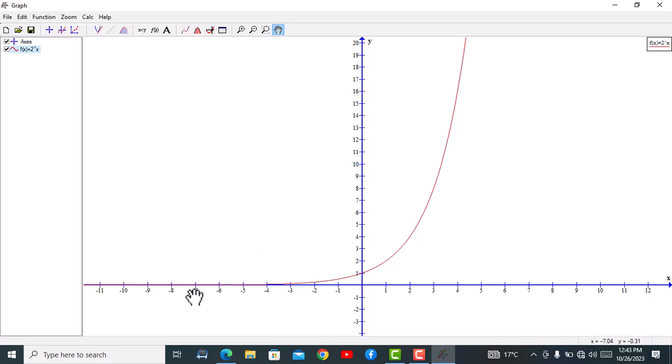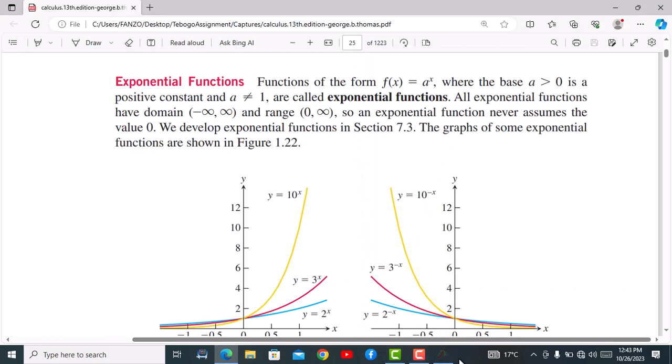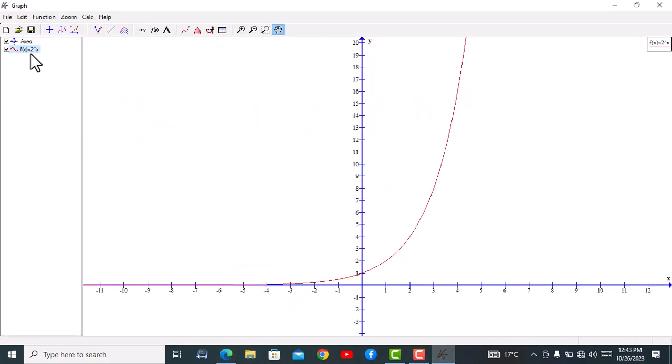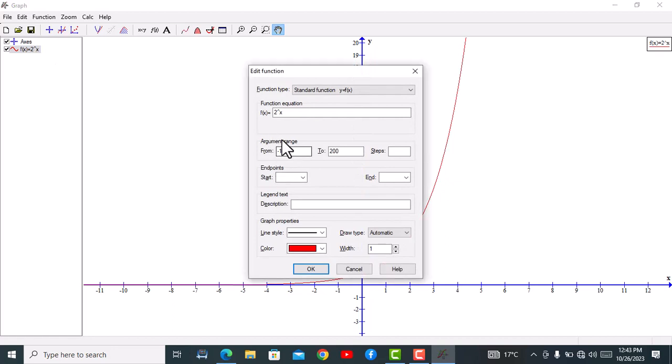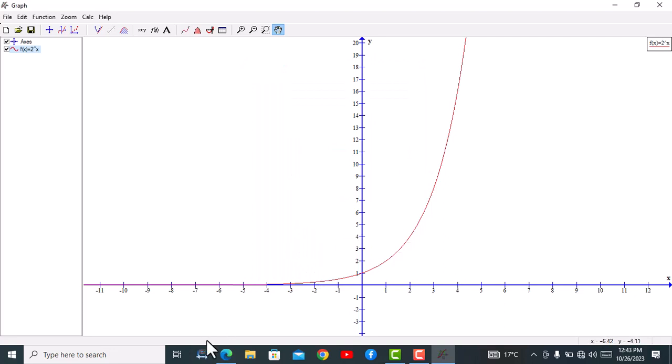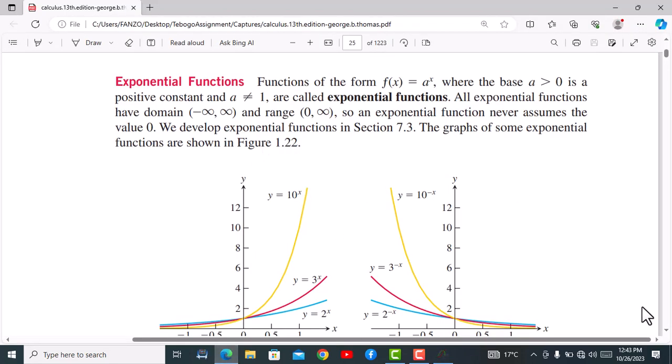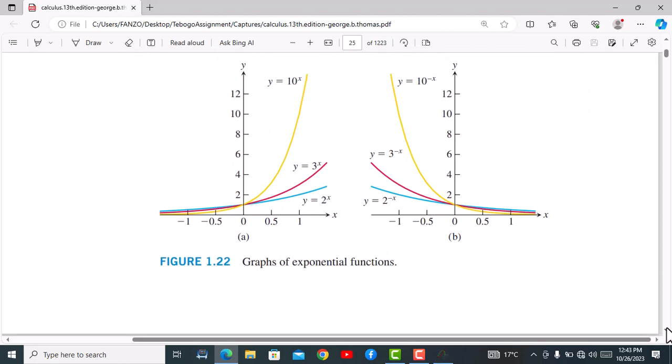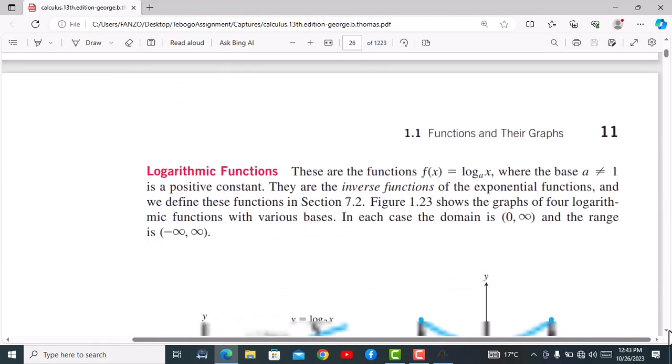The domain is from negative infinity to positive infinity, because you can use infinite numbers. If we don't want to do this, we can just leave it blank, and that tells it we want to draw this from negative infinity to positive infinity, and it will do that for you. So this is the domain of this exponential function, and you can play around with all these and find whatever needs to be established.